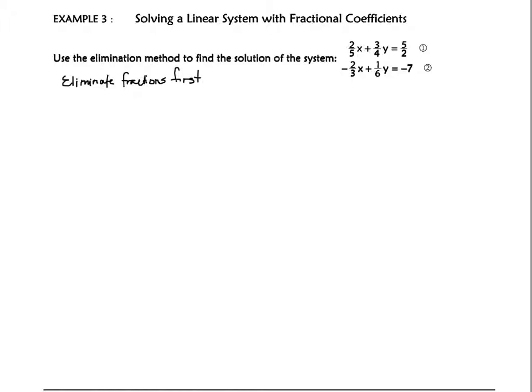Okay, so by multiplying each fraction in that equation by the common denominator.